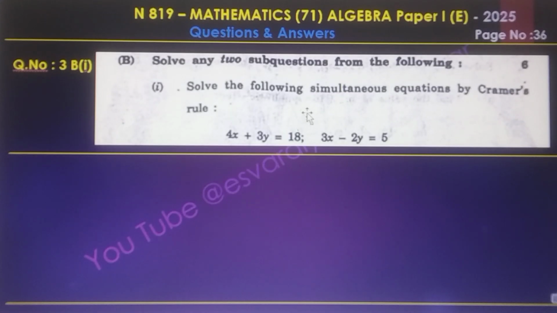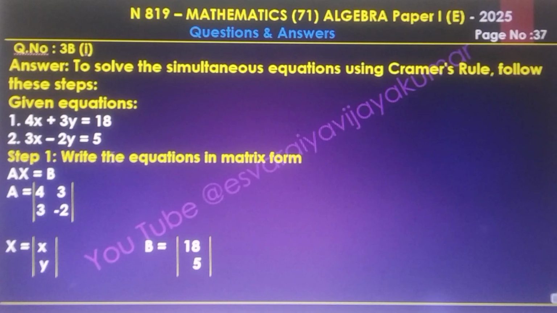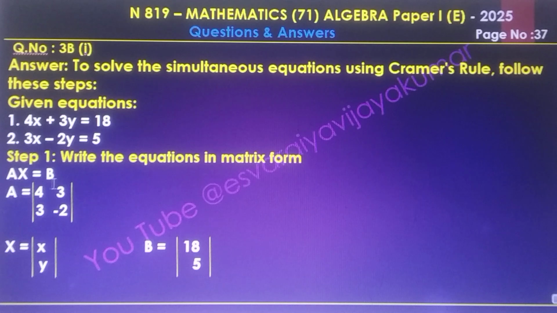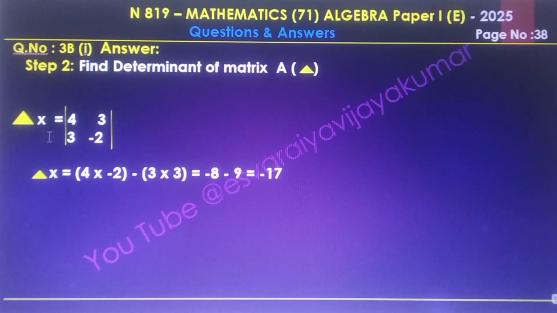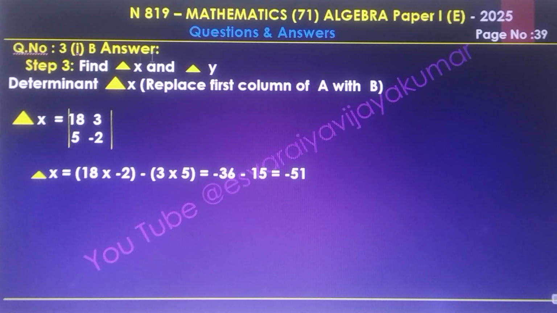Solve the following simultaneous equations by Cramer's rule. We are getting the equation Ax equal to B. In step 1, the determinant delta of the matrix is equal to minus 17. In step 3, delta x is equal to minus 51.